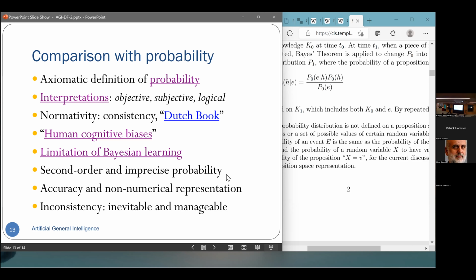And also inconsistency. You see that the people who believe probability is good, again, go back to this Dutch book thing. At least you need to be self-consistent, which I always say, yes, I hope I'm self-consistent. But very often, especially given the restriction I put before, insufficient knowledge and resources, very often you simply cannot get it.